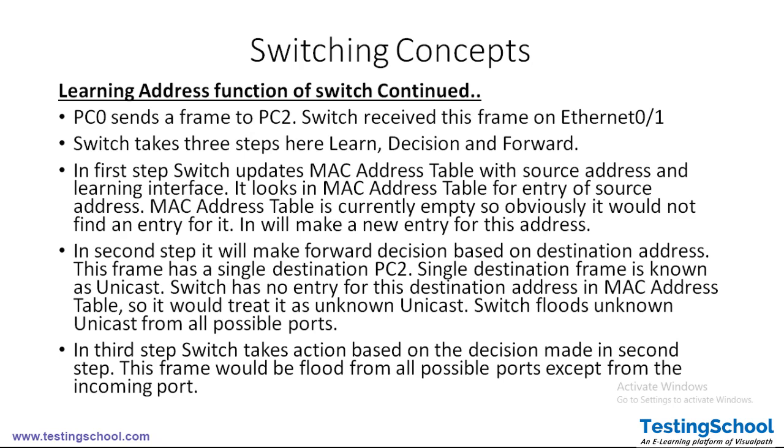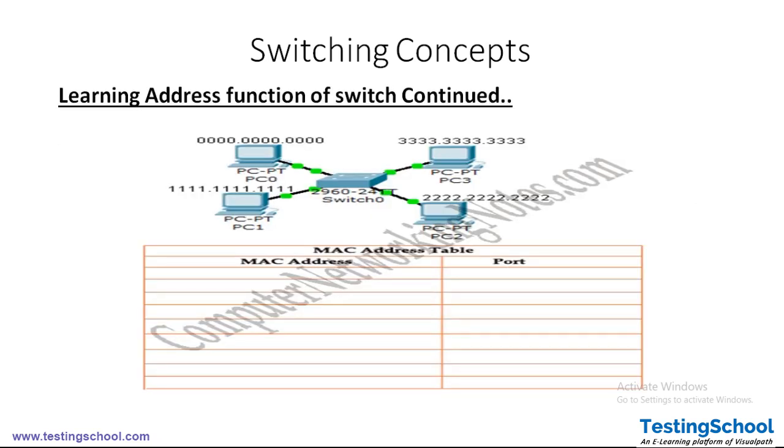When it has received the frame from PC0, it will update the MAC address table with the source address and learning interface. The source address is 0000, because PC0 has sent this, so PC0 is the source, and the port from which we received this frame is 0/1.